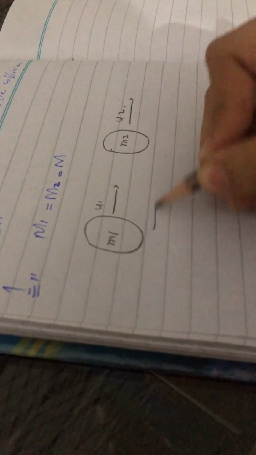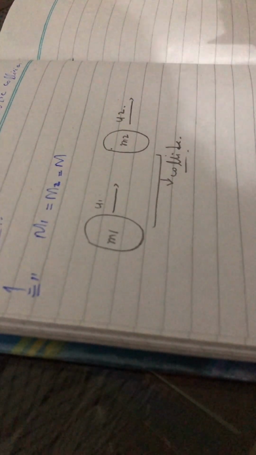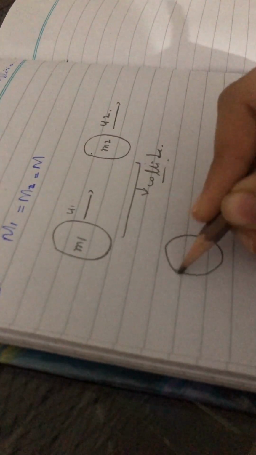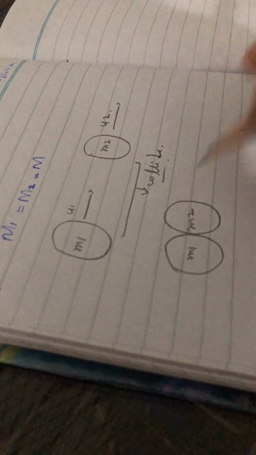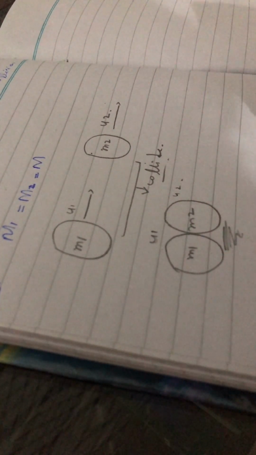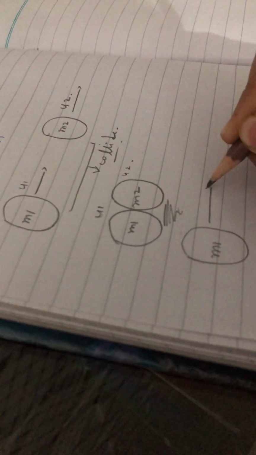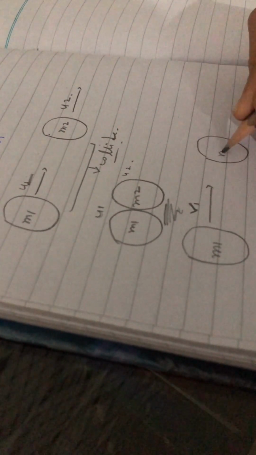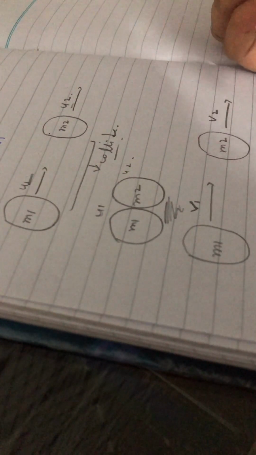When they collide with each other, the velocity of m1 will change from u1 to v1, and the velocity of m2 will change from u2 to v2.